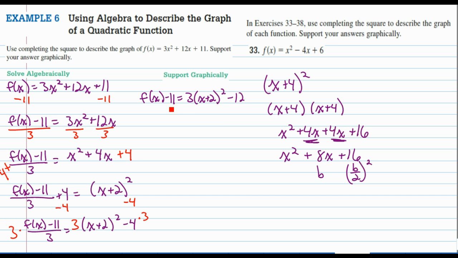And last but not least, I'm going to add the 11. f of x equals 3 times x plus 2 squared, and then that looks like minus 1.